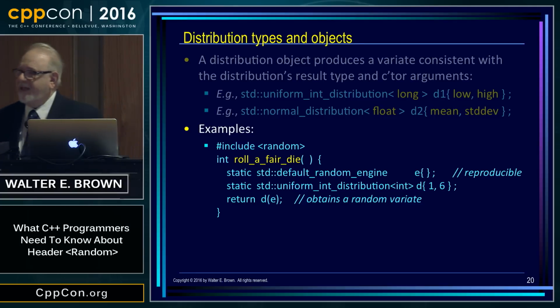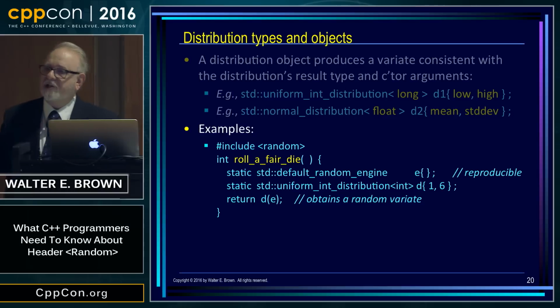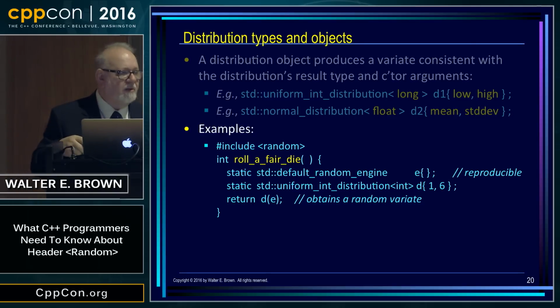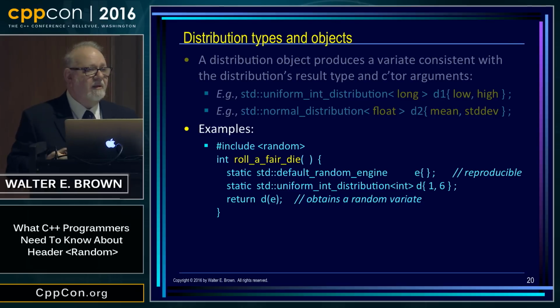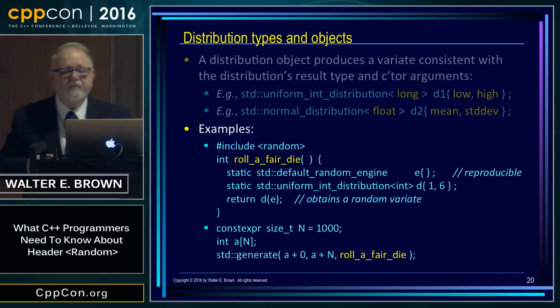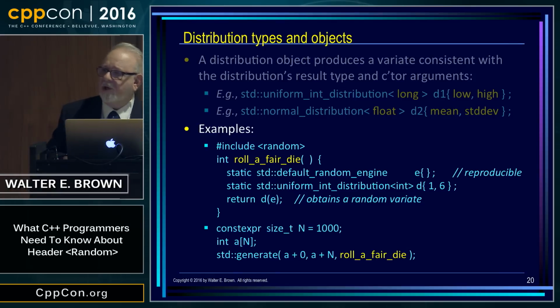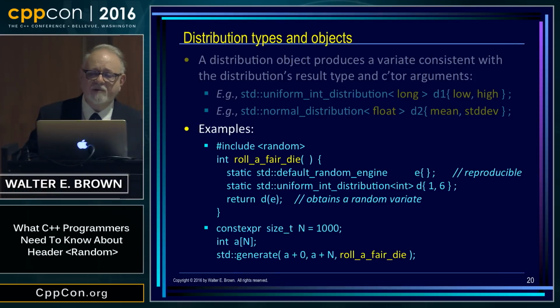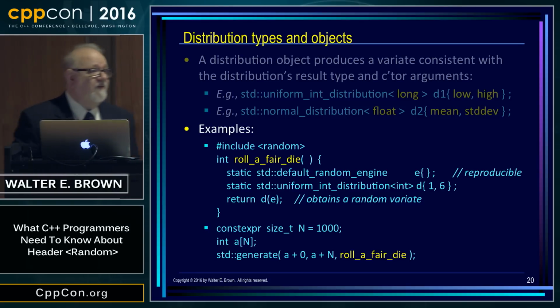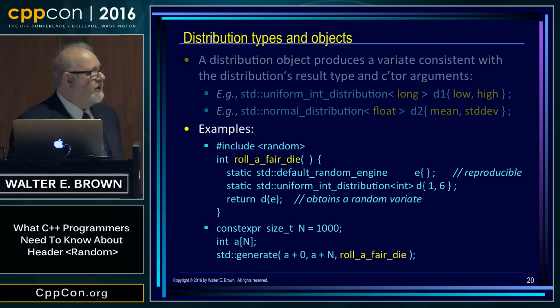Now, one of the nice things is that once you package a distribution and an engine, perhaps like this, you get to do other kind of neat things. And just to give you a hint, suppose I make a native array of size 1,000. I'd like to fill it with 1,000 rolls of a fair die. Okay, std::generate will do that for you.